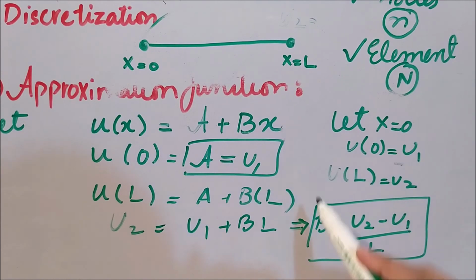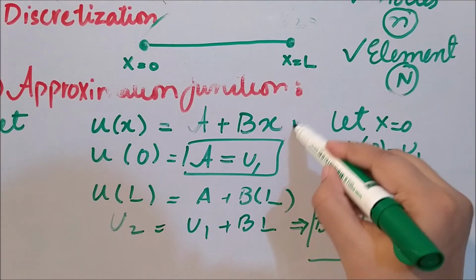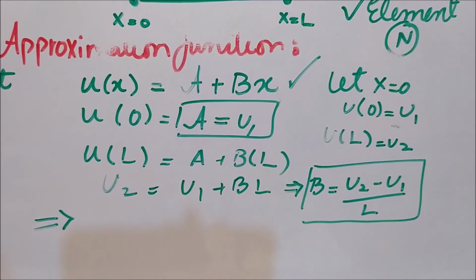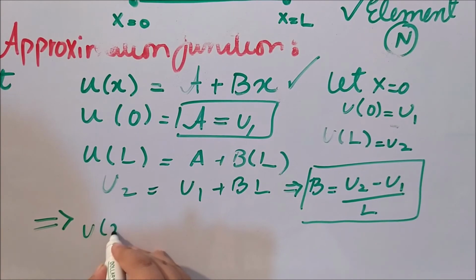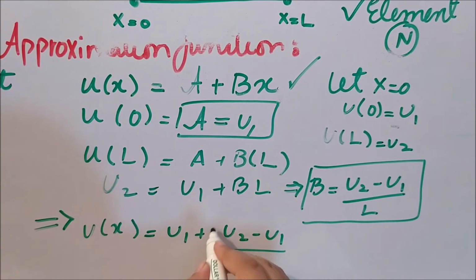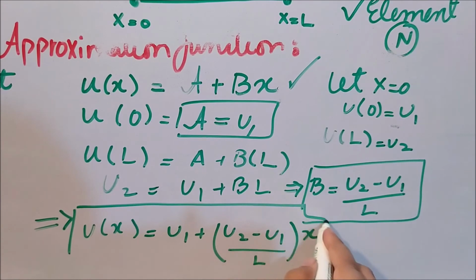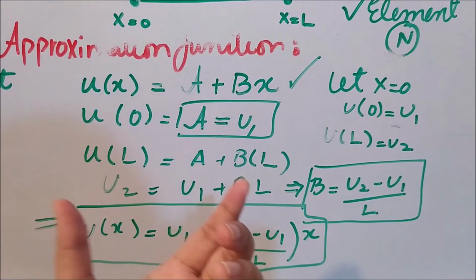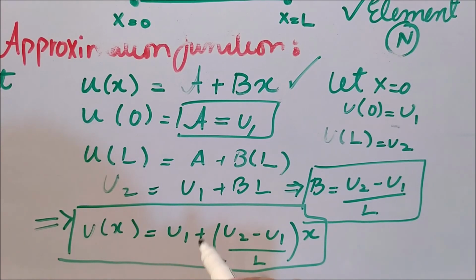When we plug the values of a and b in, we come up with the function that u of x is equal to u1 plus (u2 minus u1) by L times x. So this is the required approximation function for our bar.